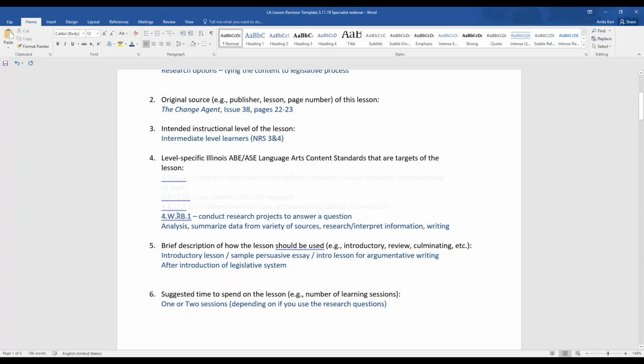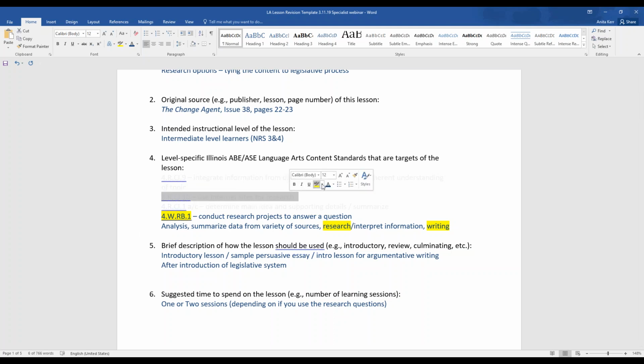I've shortened it a little, but the idea is you conduct a research project to answer a question, and that's a writing standard, so it's in writing. So look here, we hit our research, that Jenny had mentioned, and then we've got Shannon's writing right here in the same one. Perfect. Okay, great. Let me see what else we've got in here.